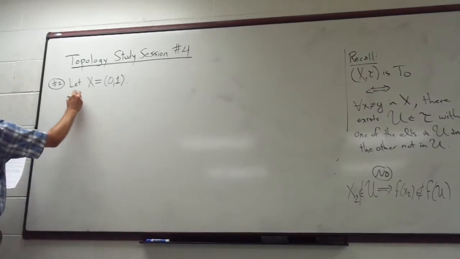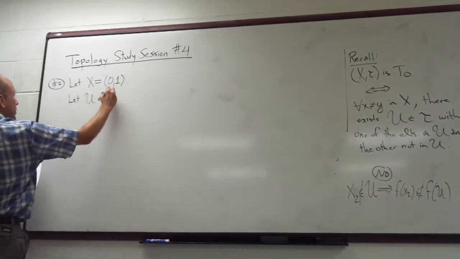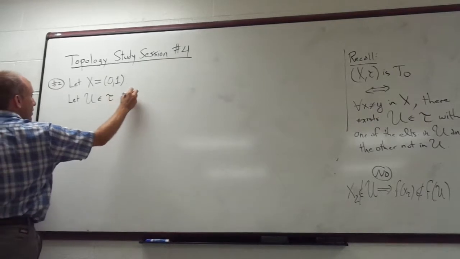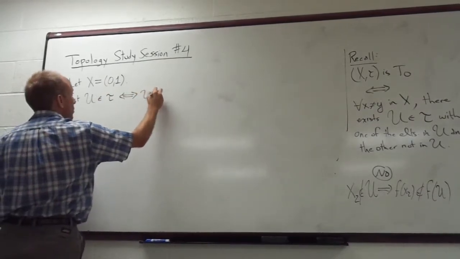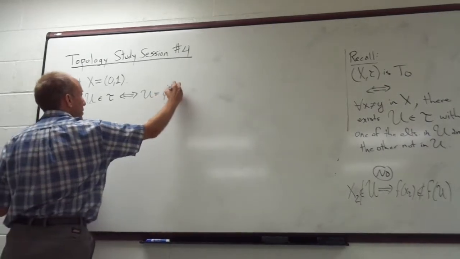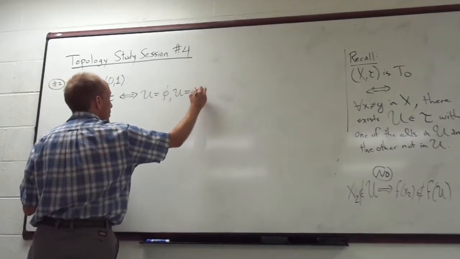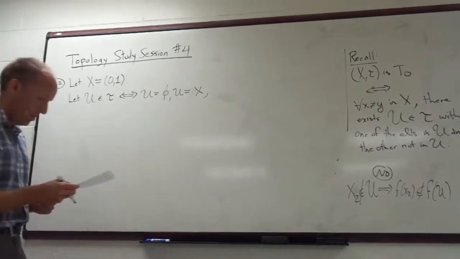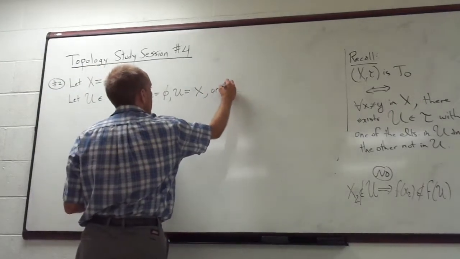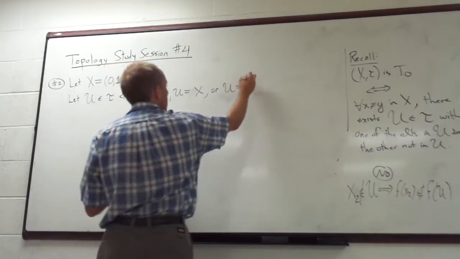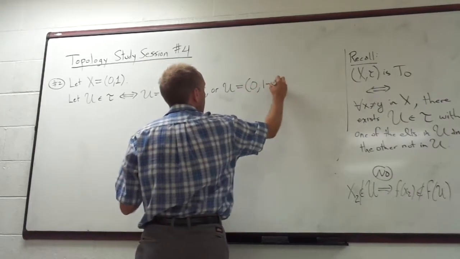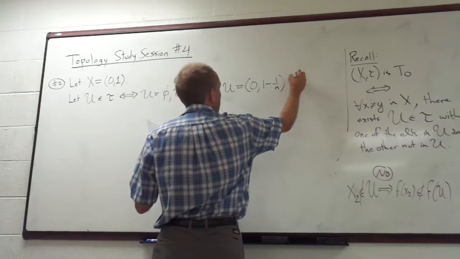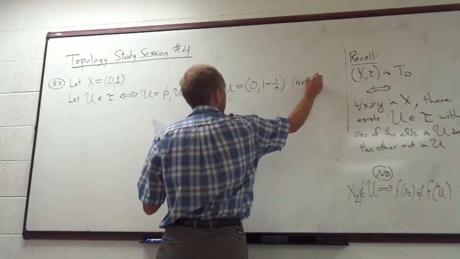And let U be an element of tau if and only if U is equal to either the empty set, or U is equal to the whole X, or U is equal to the open interval from 0 to 1 minus 1 over n, where n is a natural number.